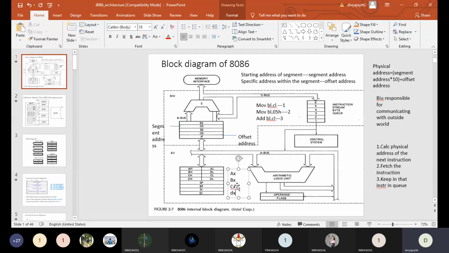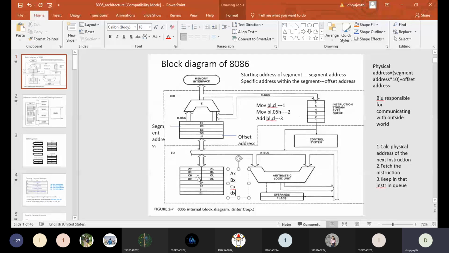So AX, BX, CX, DX, these four registers are called general purpose registers. See here, you have 5 registers. Along with these 4 you have 4 more here, and here you have the flag also.